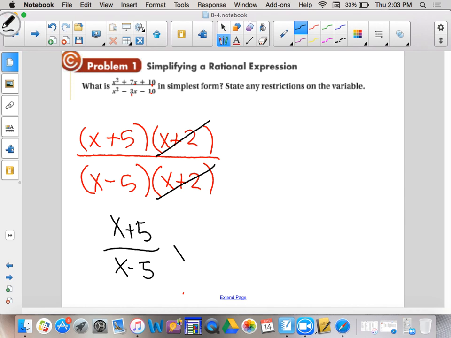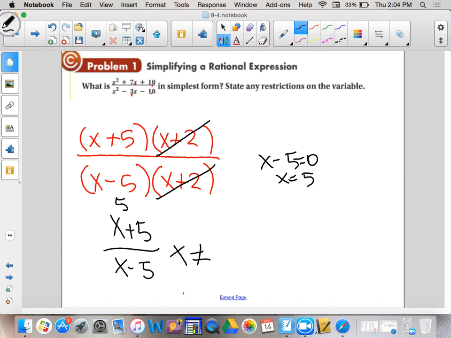But they also want me to state the restrictions to this problem. Restrictions mean: what number can I put on the bottom that's going to make it a 0? That number I can't use. That's what a restriction is. If I take x minus 5, set it equal to 0, and solve it, I get x equals 5.